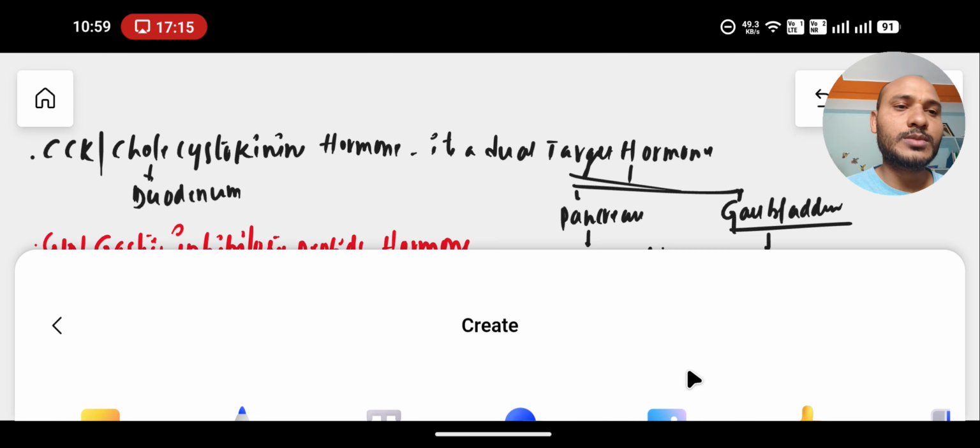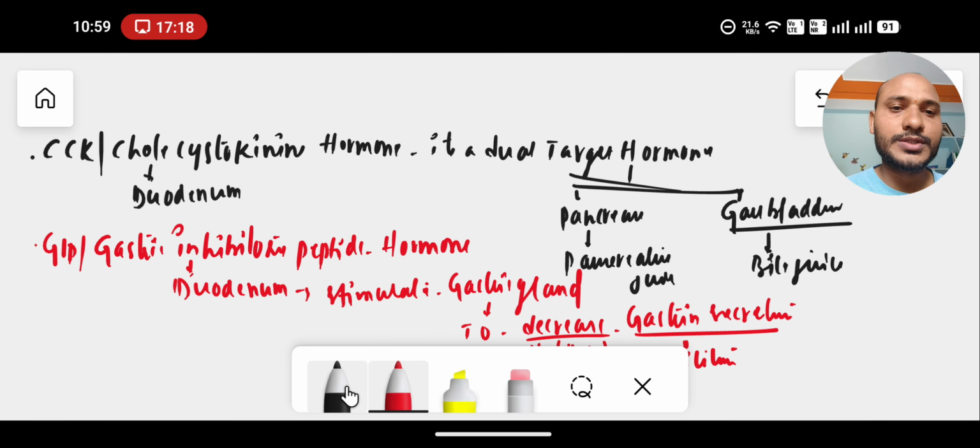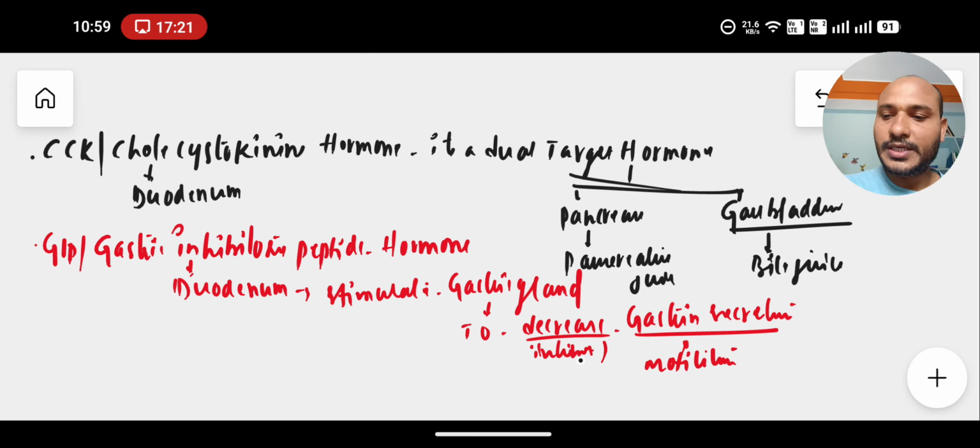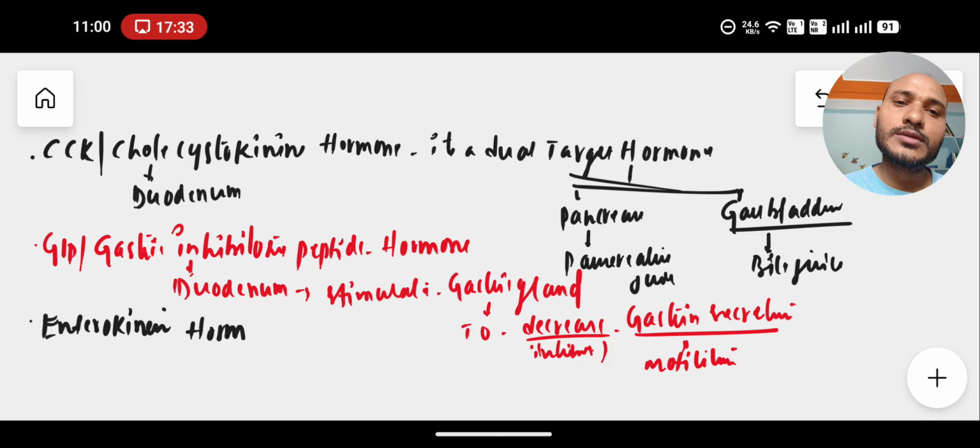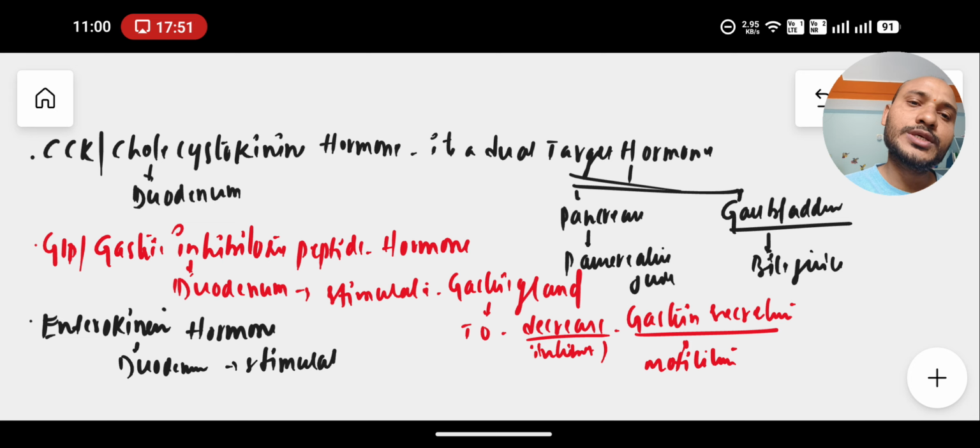Now coming to one more important hormone of the GIT, enterokinin hormone here. The source of this hormone is the same, the duodenum, and it stimulates the Brunner's gland.